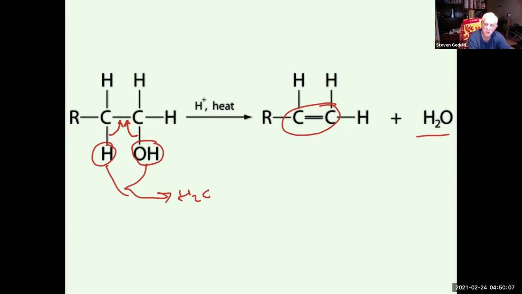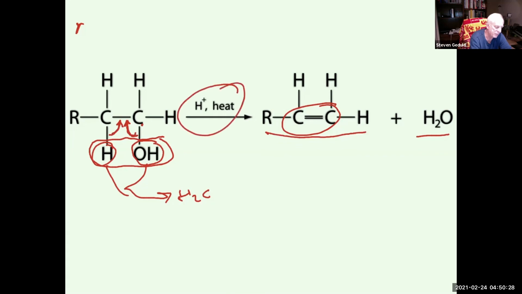It's an elimination reaction, and it has to be on adjacent carbon atoms. They have to be next to each other. You can't pull one off a carbon atom and then one off a carbon atom way up here. They have to be adjacent. You pull this away, and those electrons that are left swing up in here and form a double bond, forming your alkene. And sulfuric acid, phosphoric acid, and heat are your catalyst.